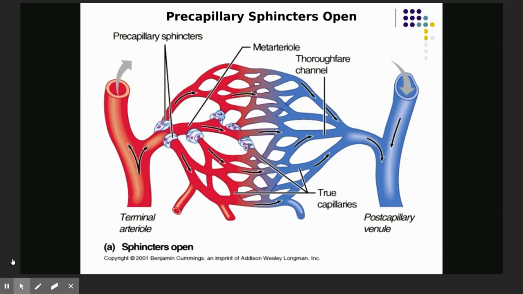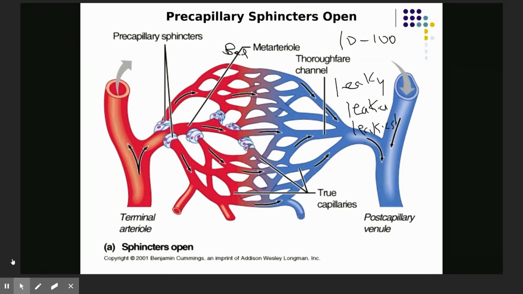Remember, capillaries come in beds, and you can have anywhere between 10 to maybe 100 in a capillary bed. I don't know how many's here, but there's certainly more than one. Capillaries are either leaky, leakier, or the leakiest capillaries.